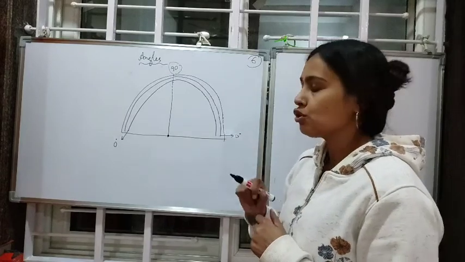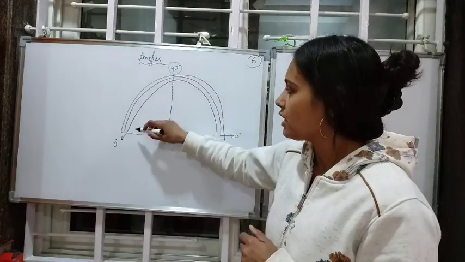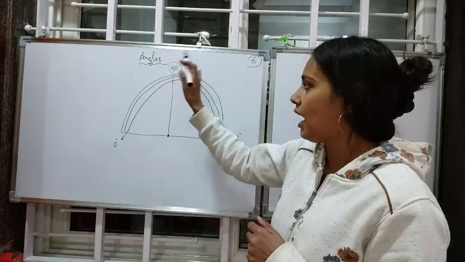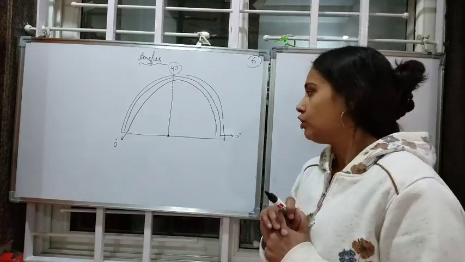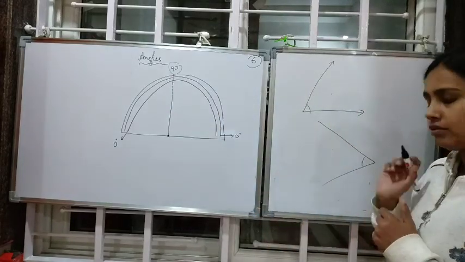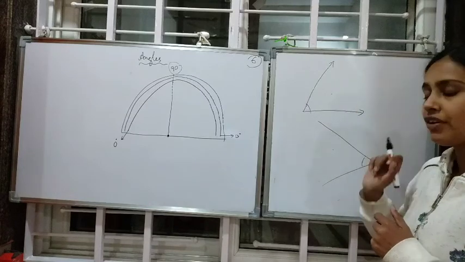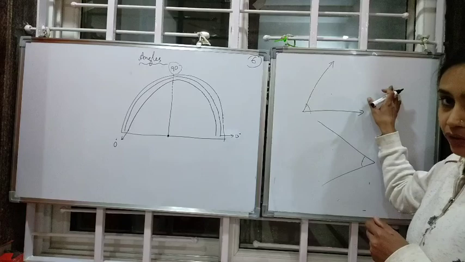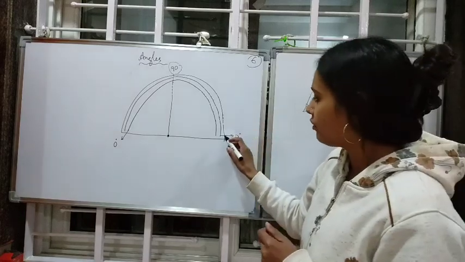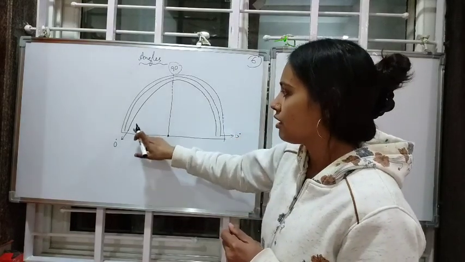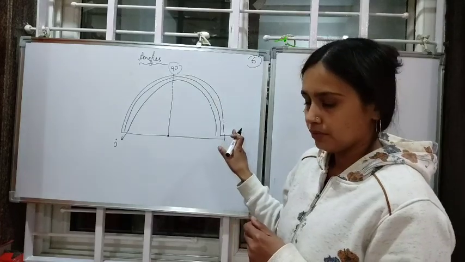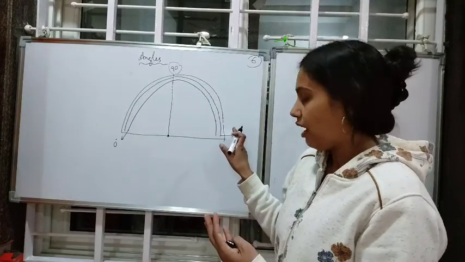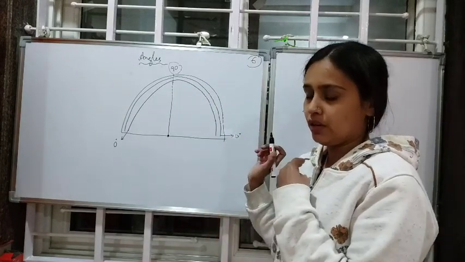It has two scales, children. It has an inner scale and an outer scale to measure both left facing and right facing angles. Suppose your angle is right facing, then I think we need the outer scale.